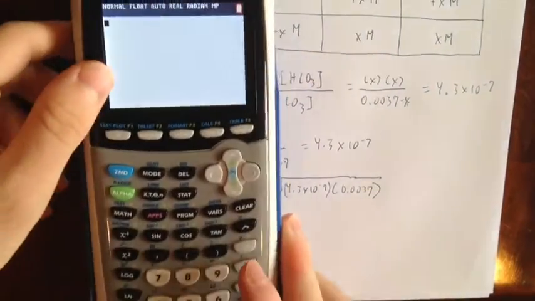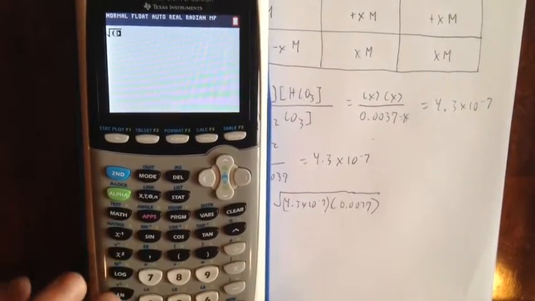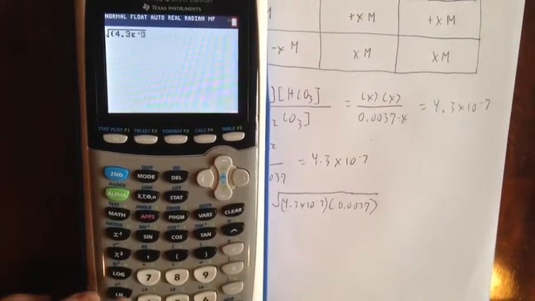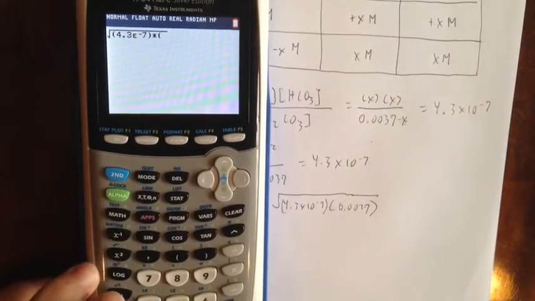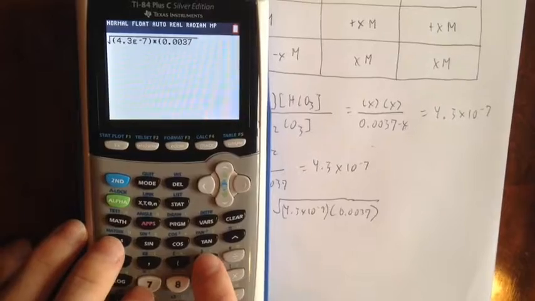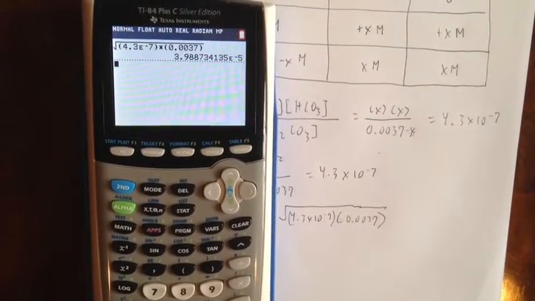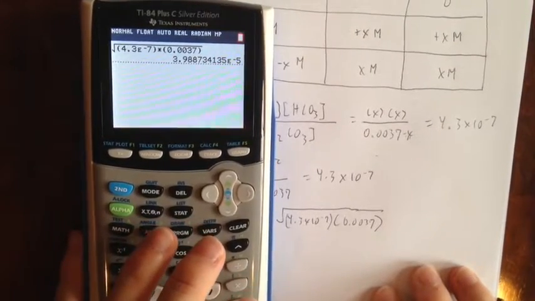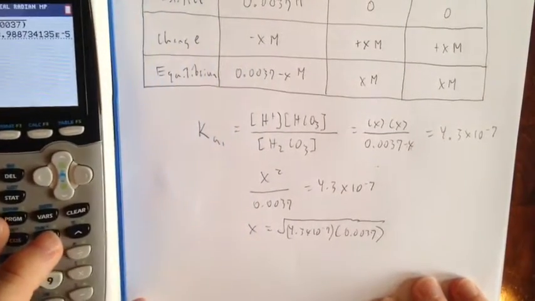We can plug this into a calculator, and we get 3.988 times 10 to the negative 5th.